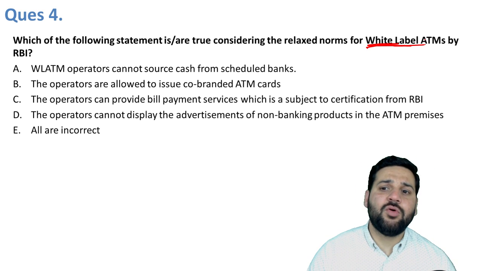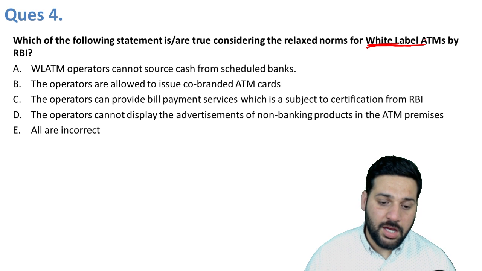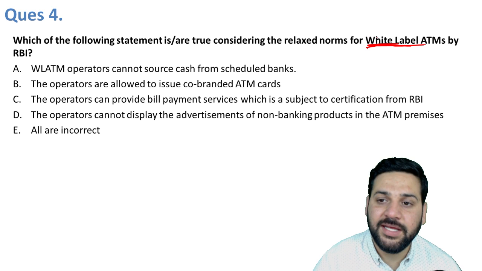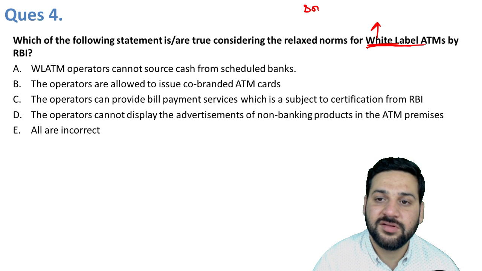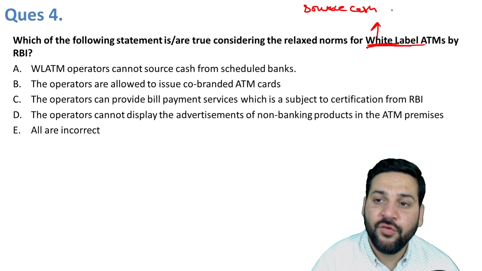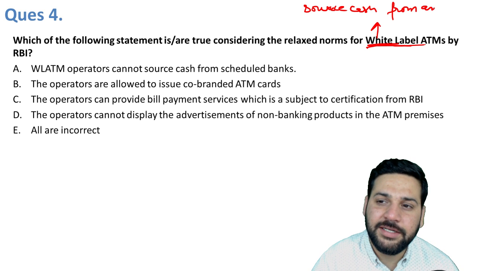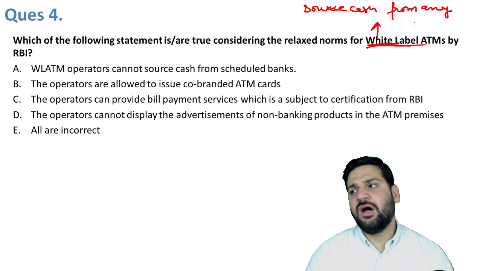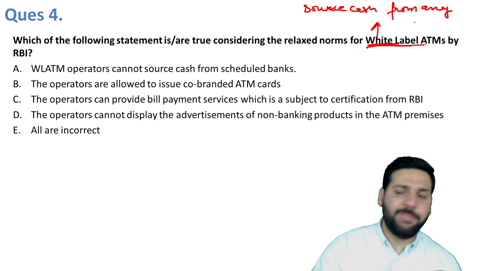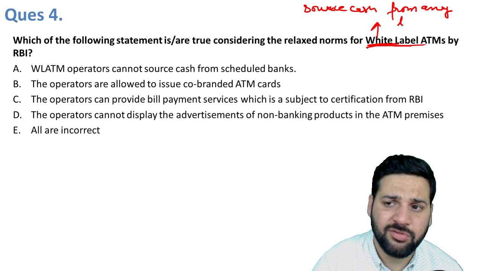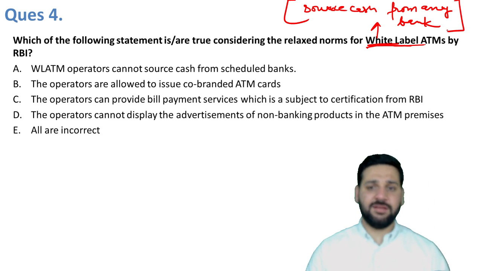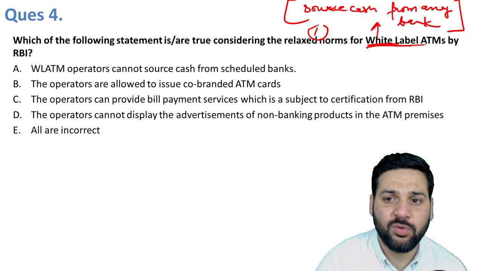Recently, according to a notification, the white label ATMs can source cash from any bank. Let it be a rural bank, RRB, any NBFC, any bank. That's the very first point of the notification.